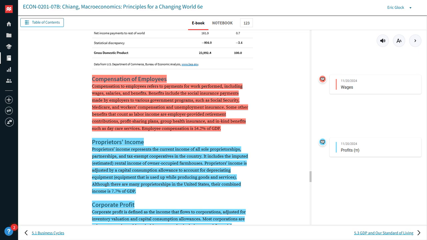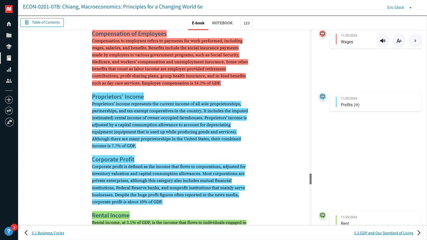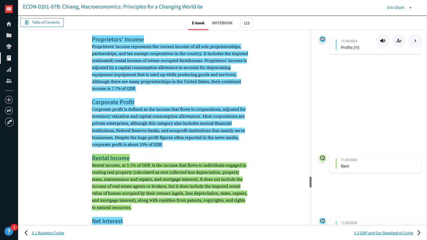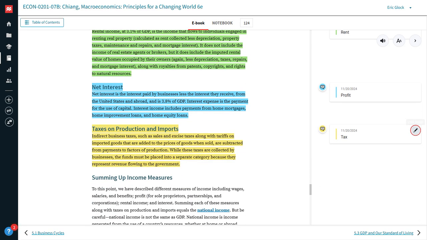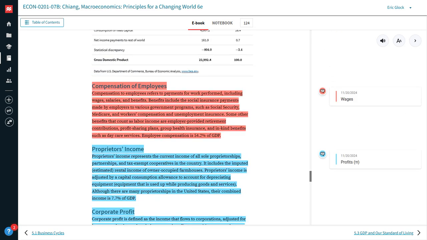But yeah, the income is in terms of wages. This can be finished good producers. It can be input good producers. It doesn't matter, because we're talking about the form of income. So we have wages, profits, rent, and tax. Let's go through that one more time.